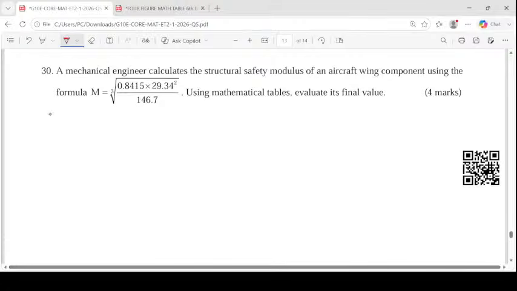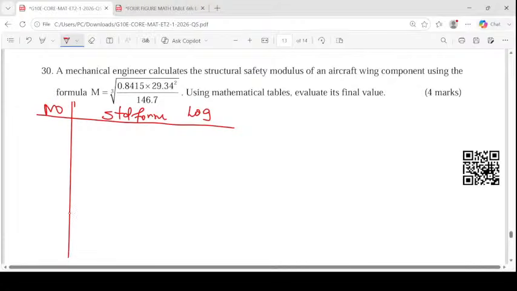We are going to have a table with 3 columns: the number, the standard form, and the log. And I want you to be very attentive in this question.